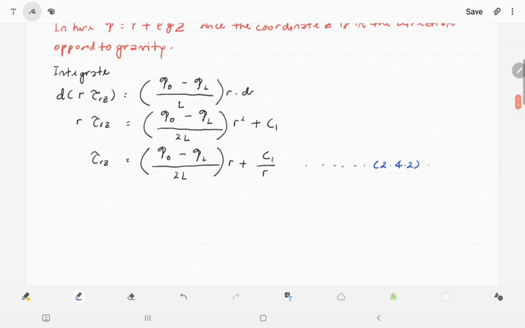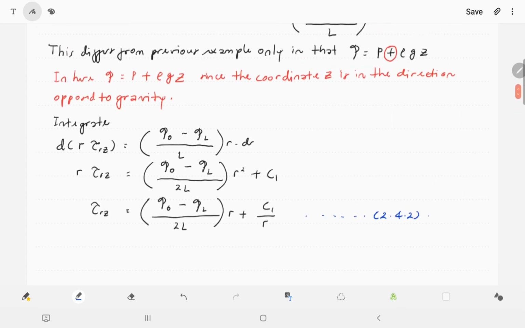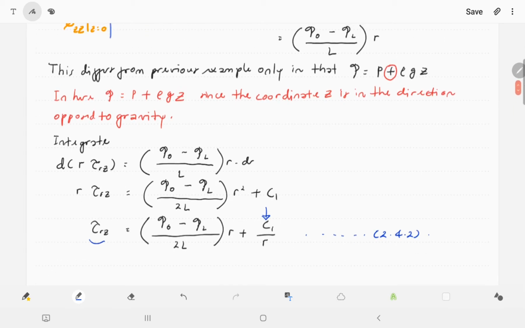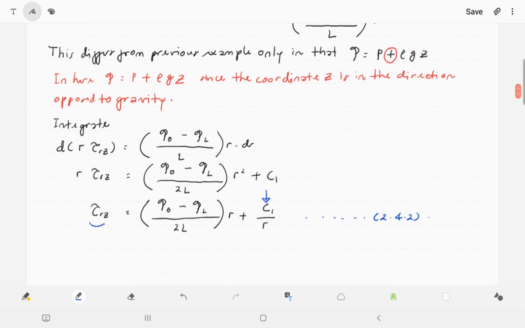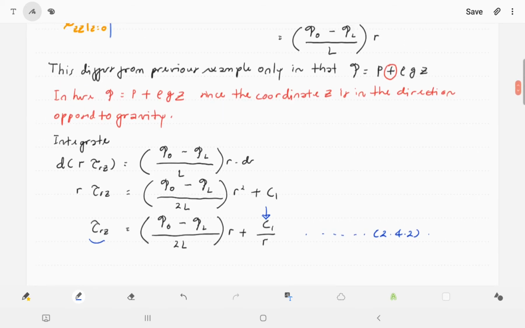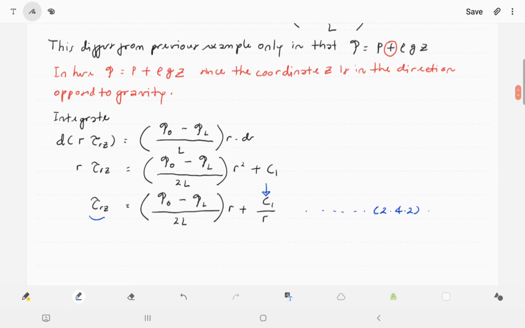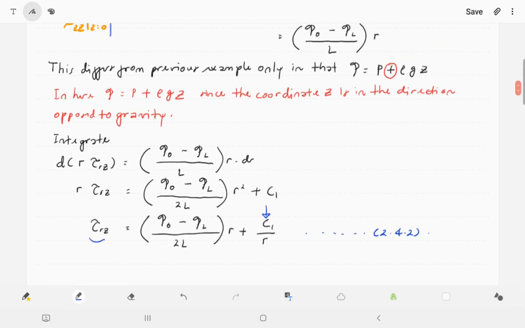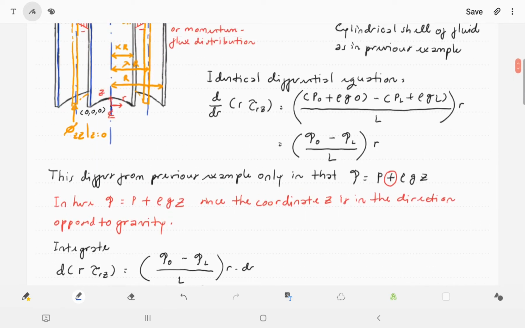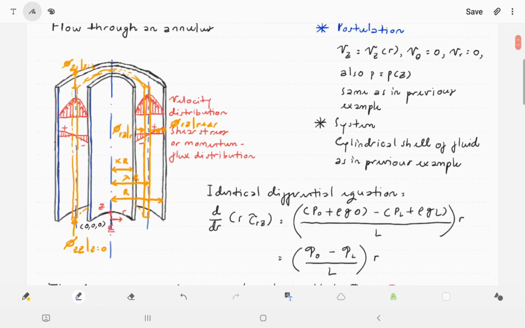Now we have these expressions for the tau rz, and we want to solve for C1. In the previous examples, we know that at the axis the tau rz cannot be infinite, but in here our boundary condition is a bit different.